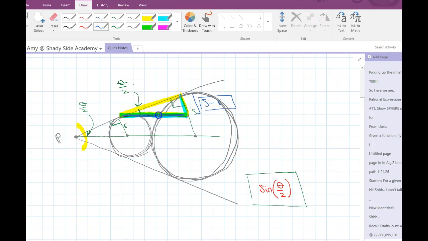Well, that length is the same as this length, and this length is r plus s. So the hypotenuse here is s plus r. So at the end of the day, when you are asked to find the sine of this angle, it is opposite over hypotenuse, or just merely s minus r over s plus r.